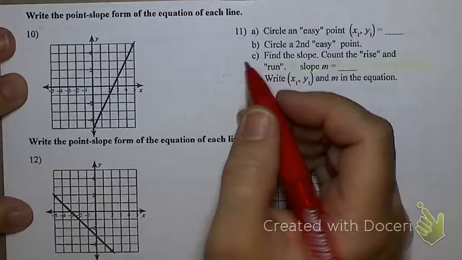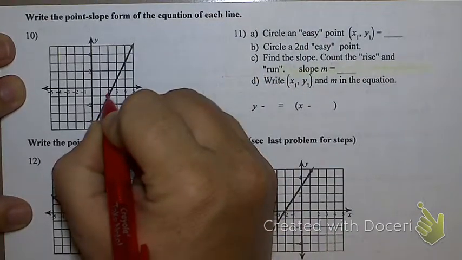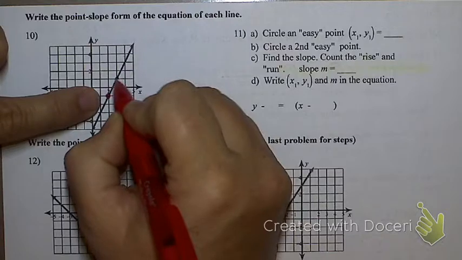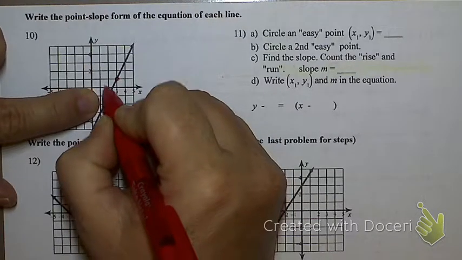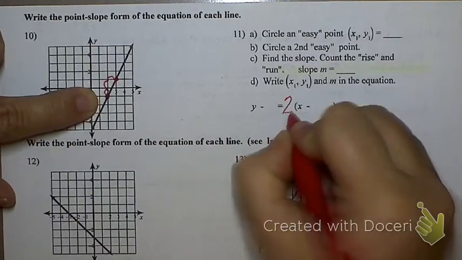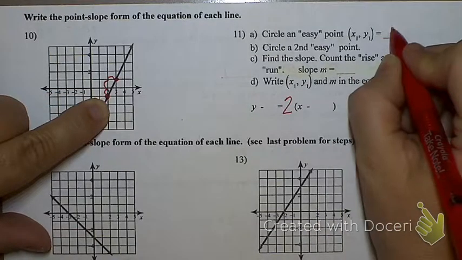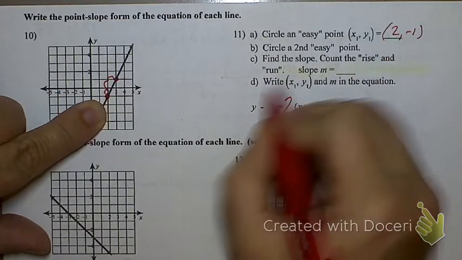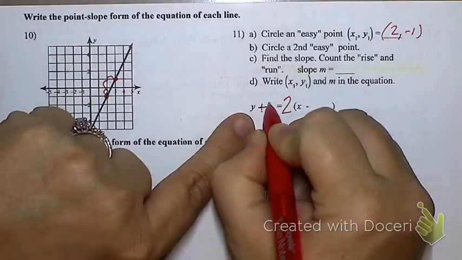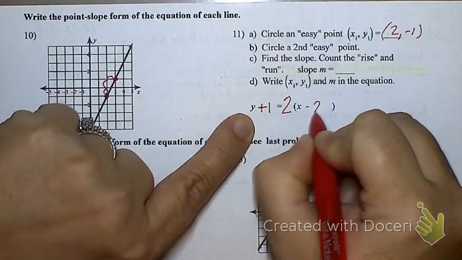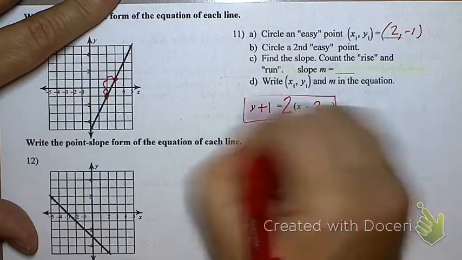All right, so I'm going to pick a point, and then another point. I can tell my slope is 2 over 1. And if I use one of these points, let's see, 2, negative 1, that would be y minus negative 1, and then x minus 2. That would be my equation.